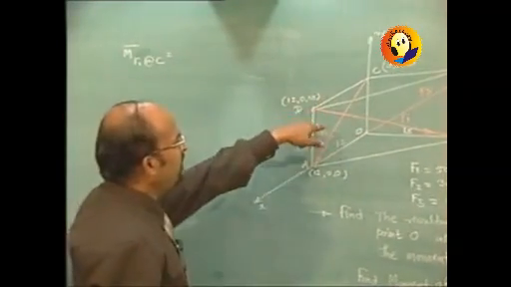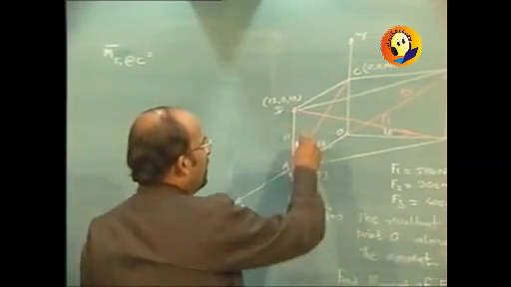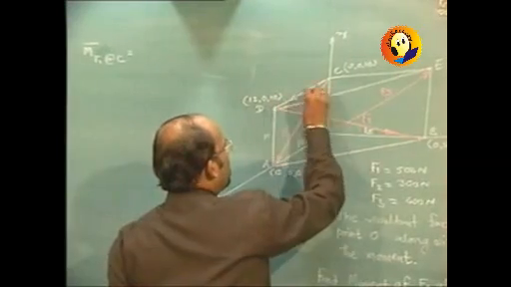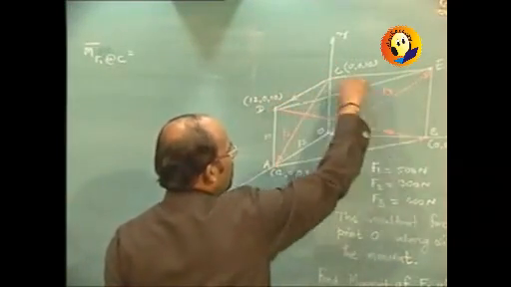If the moment of F1 about point C is to be calculated, we will have to have some r bar vector from C to B, or to any point on the line of action of F1.